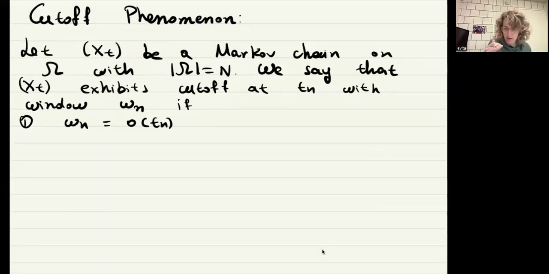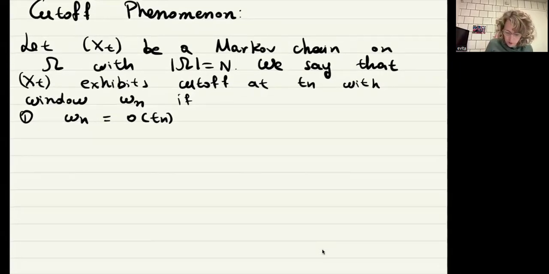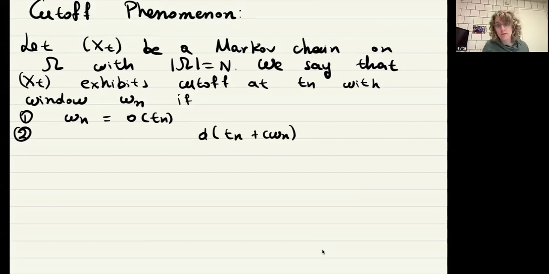I will make the comparison with the theorem we just saw. 2, if we take the total variation distance at time Tn plus a little more, which is determined by the window, so c times the window, and we send first n to infinity and then c to infinity, then this limit is 0.